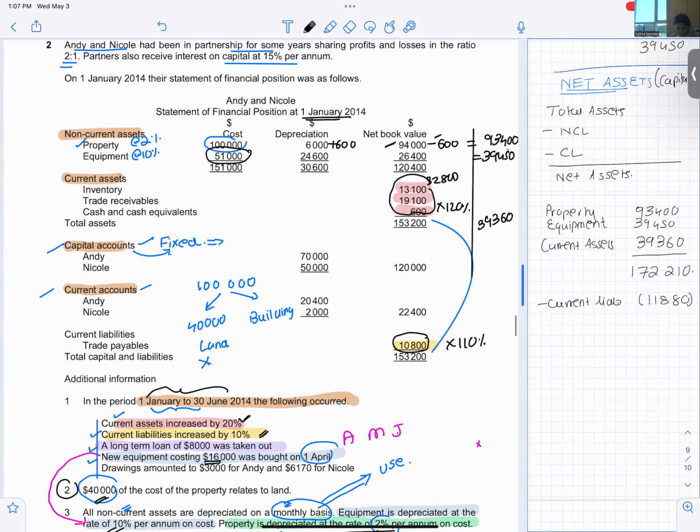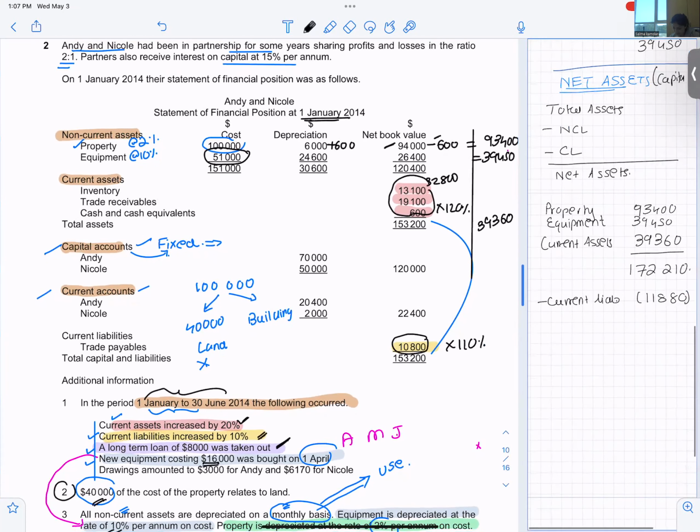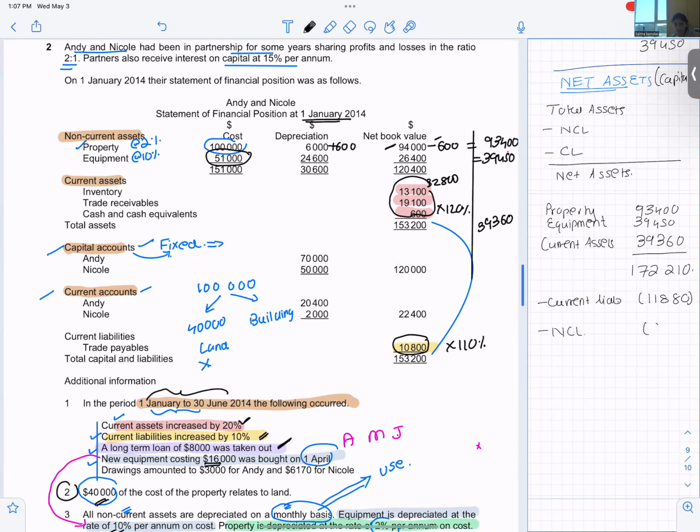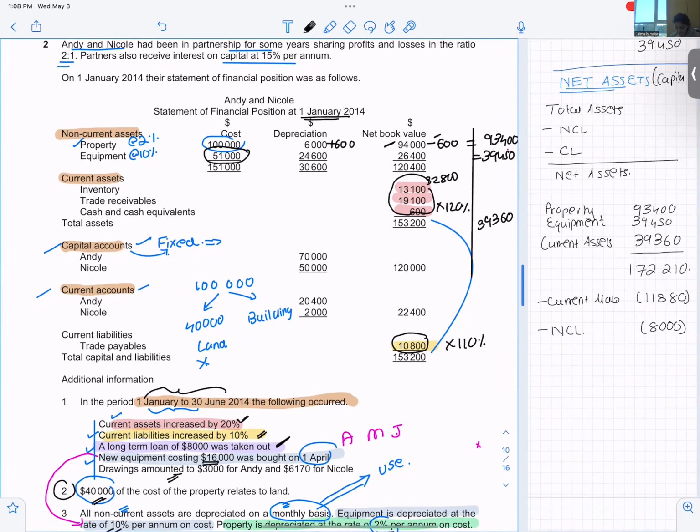Then a long-term loan was taken out. So minus non-current liability, which is a long-term loan, 8,000. Drawings would come in the partner's capital account or current account. It will come in partner's current account.